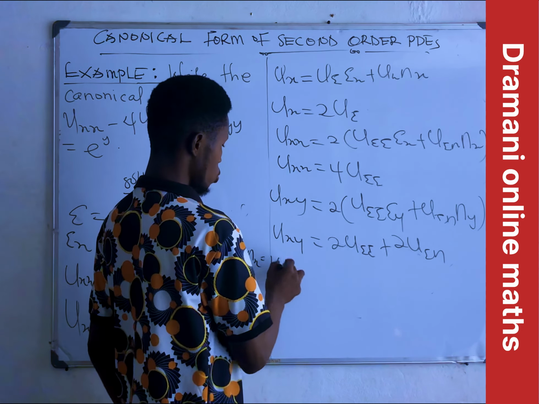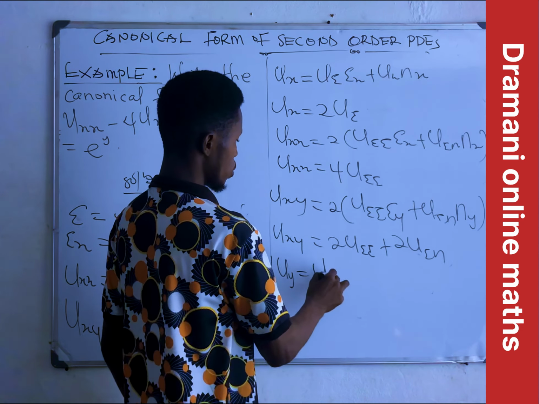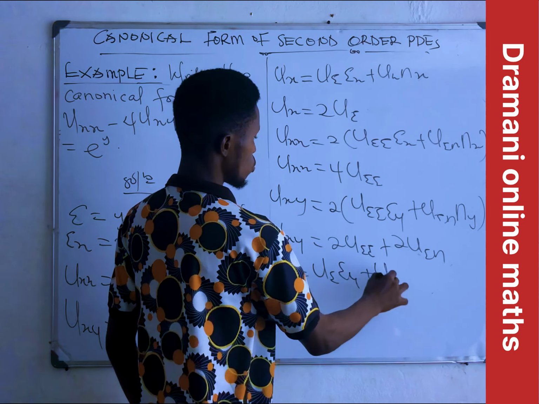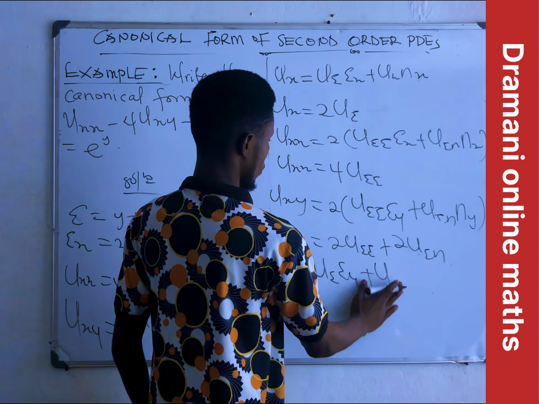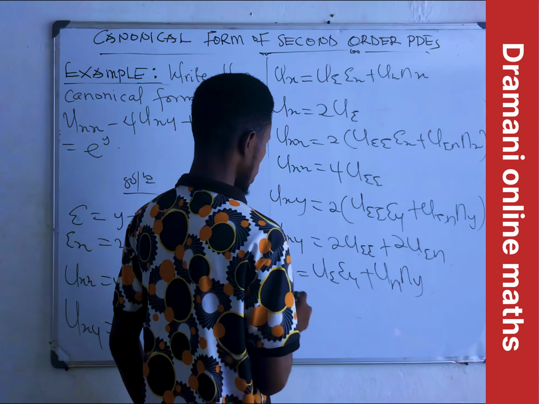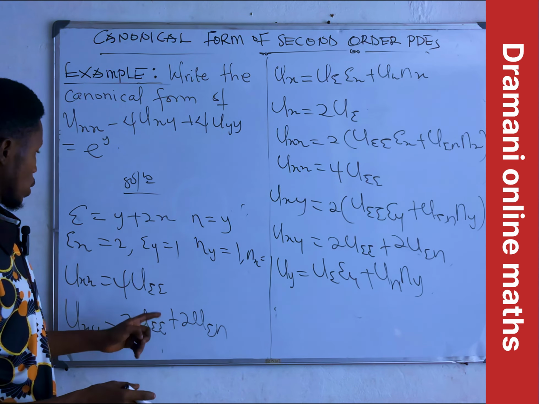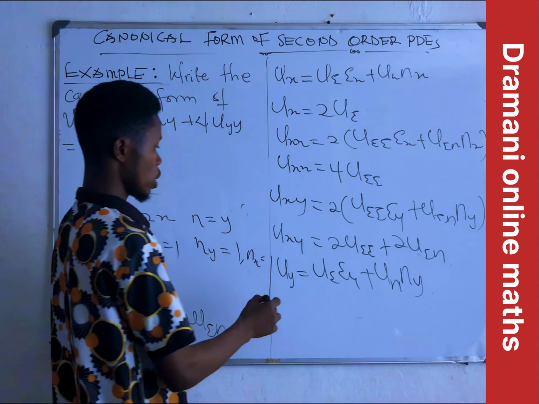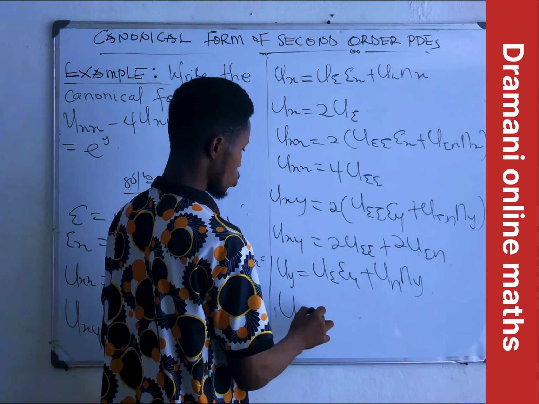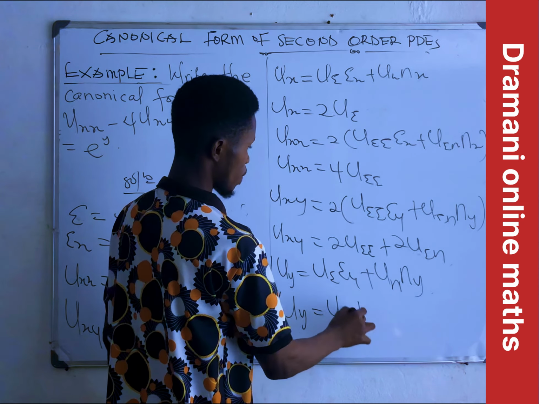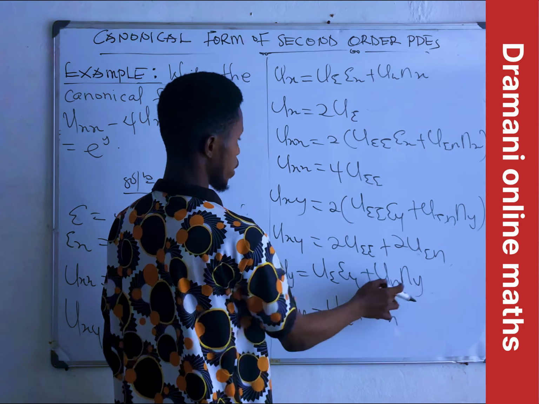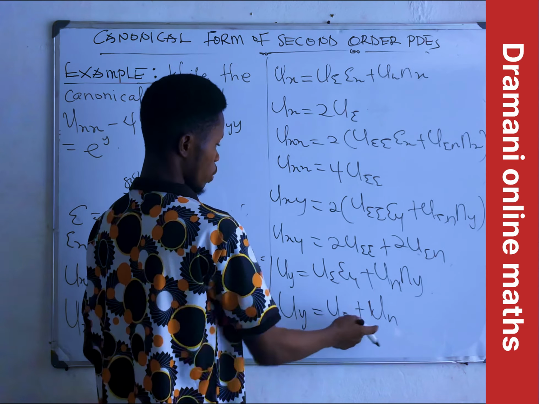So now I need to find u y. That is u xi y plus u eta y. So my xi y is 1, eta y is 1. So I have u y equal to u xi plus u eta, equal 1 times 1. That will give you this.